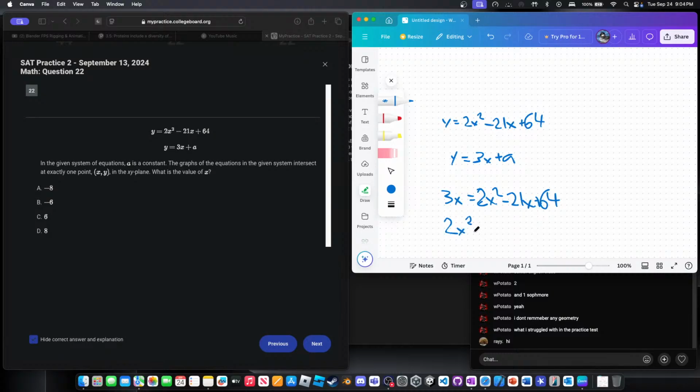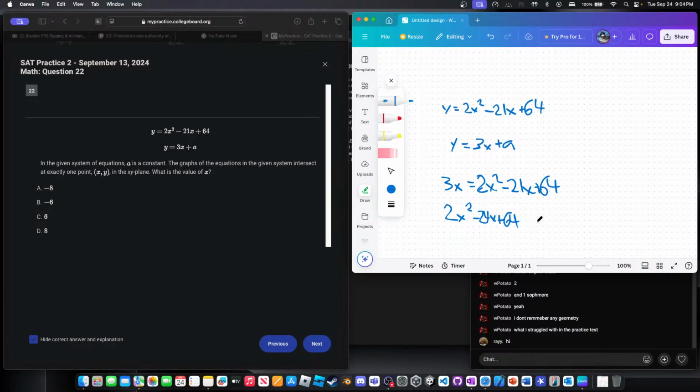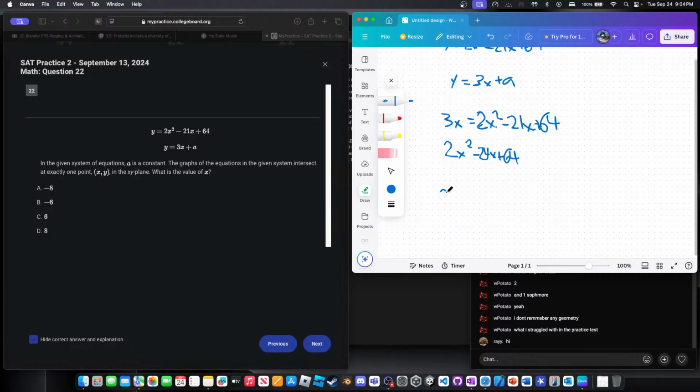Then 2x squared minus 24x plus 64. And then we could factor this out by doing 2x squared minus 12x plus 32.